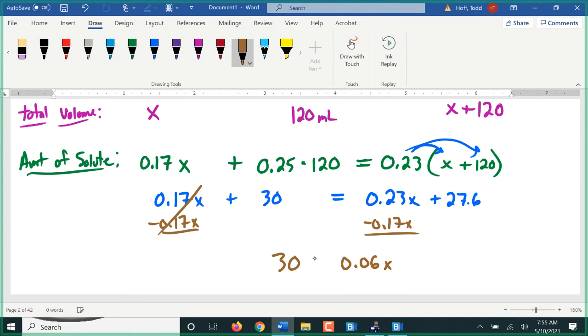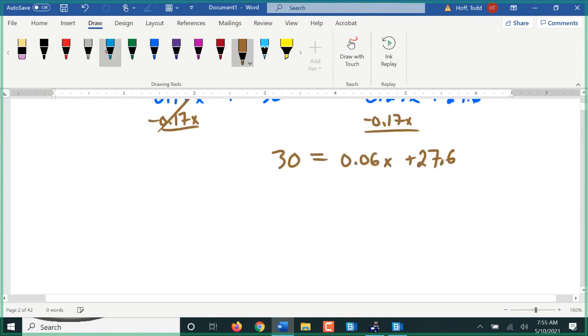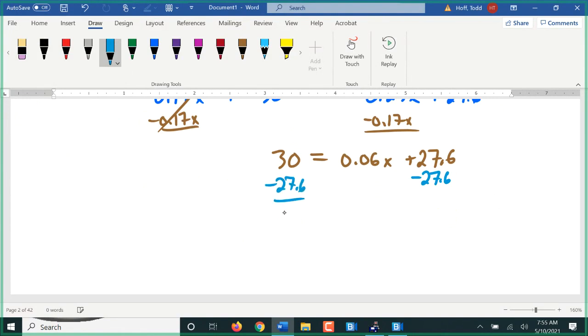And of course the plus 27.6 is next step. Right, subtract 27.6, good. It's 2.4 equals 0.06x. Then?